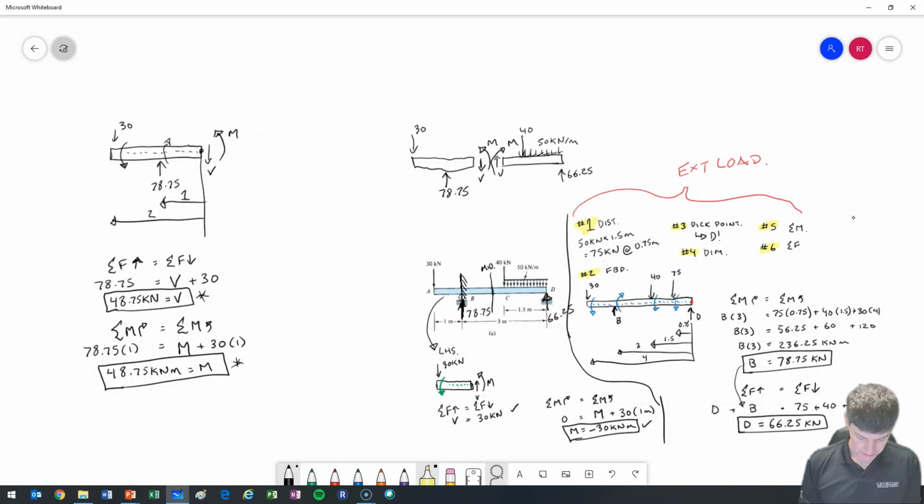When I went to find my internal loads, I then continued on to number 7. So cut the beam and then pick left-hand side or right-hand side. Number 8.